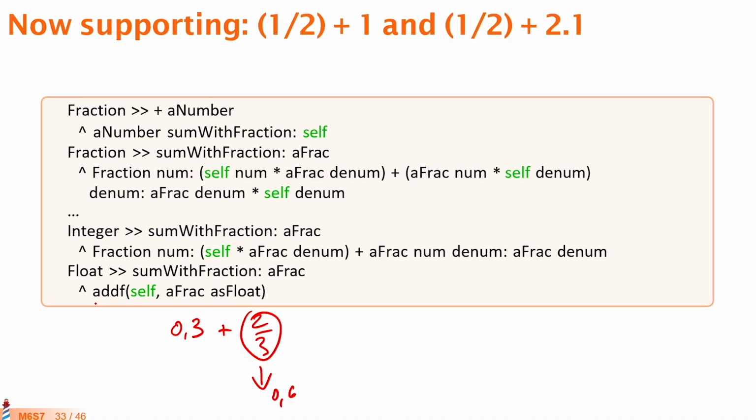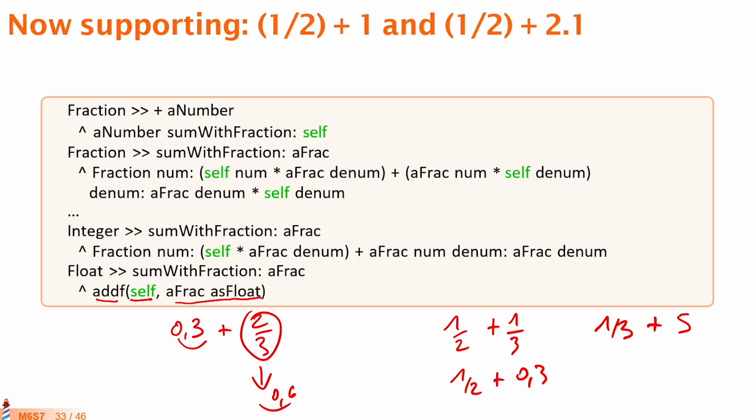So here, this is what we do: we convert the fraction as a float, and self is a float, and then we invoke the primitive add float that will take these two and do the addition. So now we support fraction plus fraction, a fraction plus a float, and a fraction plus an int.